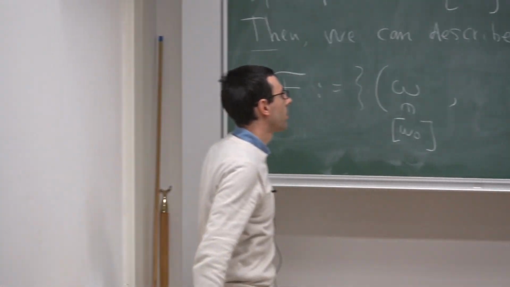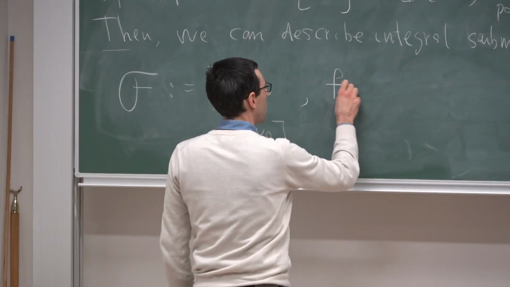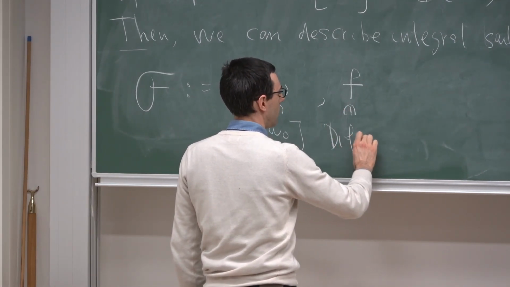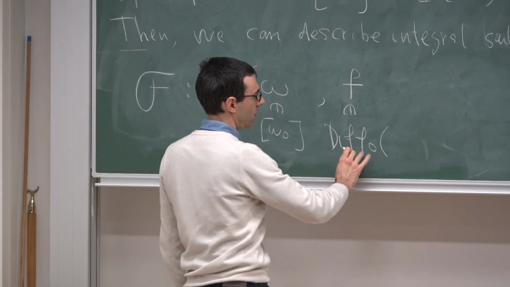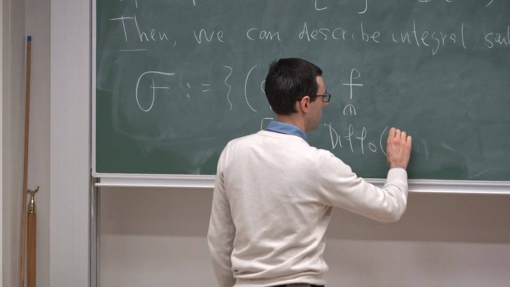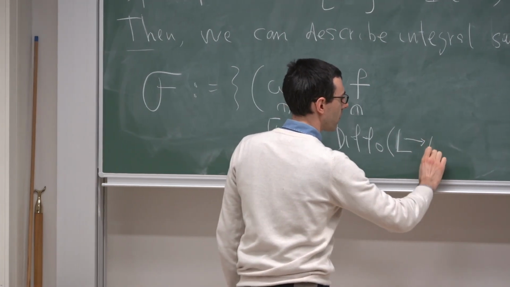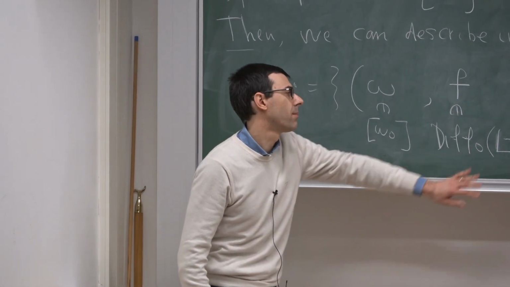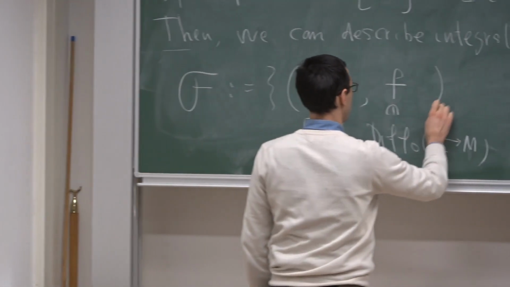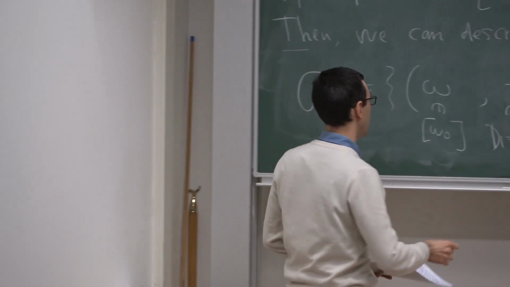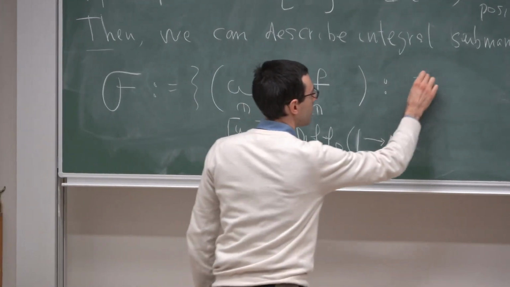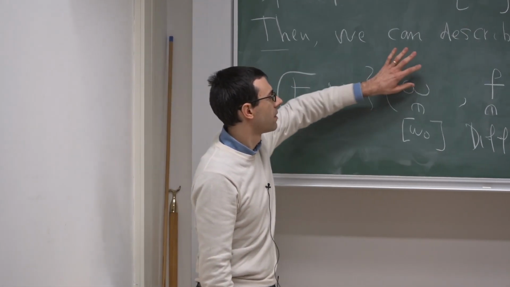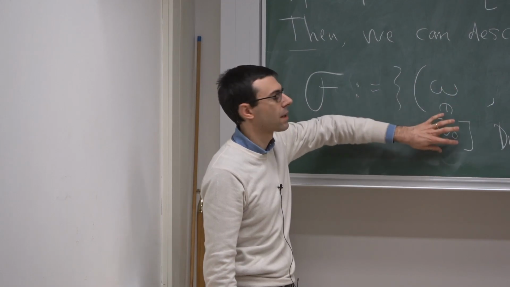The second element in the pair is some diffeomorphism f, which lies in the connected component of the identity inside the group of diffeomorphisms of M with a fixed lift to the line bundle. So you have pairs like this, and then they need to be such that this second component, this diffeomorphism, must be such that it pulls omega back to omega naught.